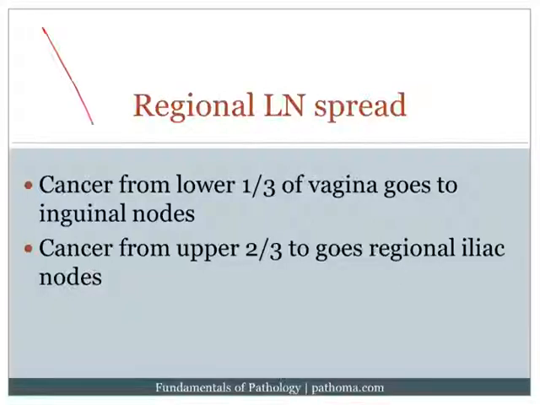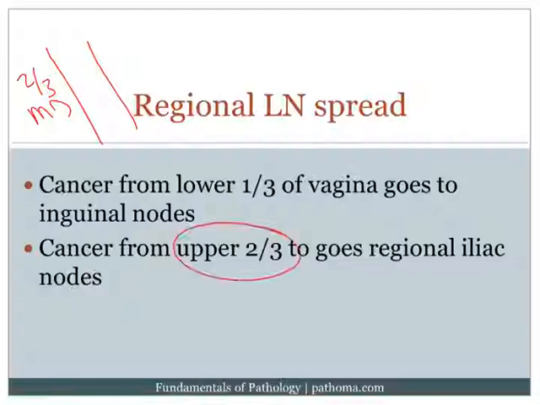So recall again that the lower 1/3 of the vagina is derived from something called the urogenital sinus, and so cancers that arise from the lower 1/3 will actually spread to the inguinal nodes. Recall again that the upper 2/3 of the vagina is derived from the Mullerian duct, and so cancers from the upper 2/3 will actually spread to the regional iliac nodes.